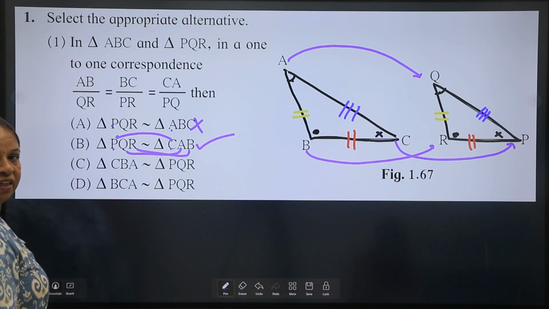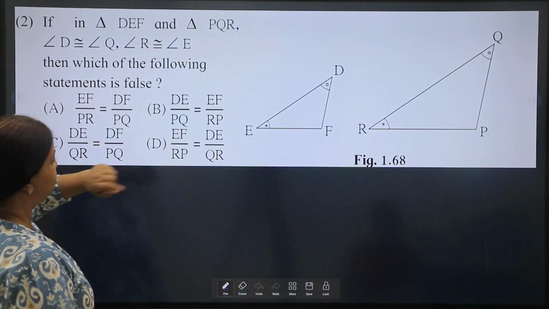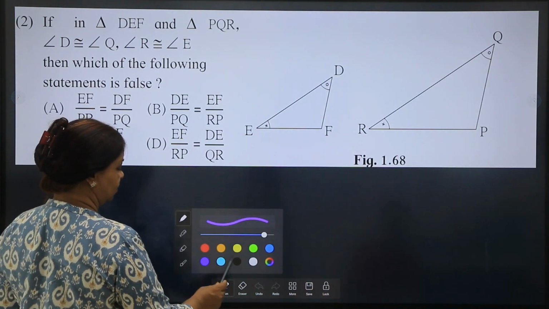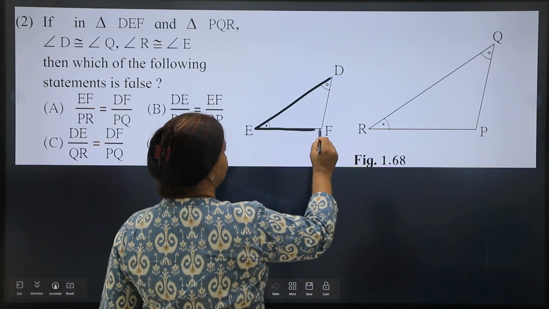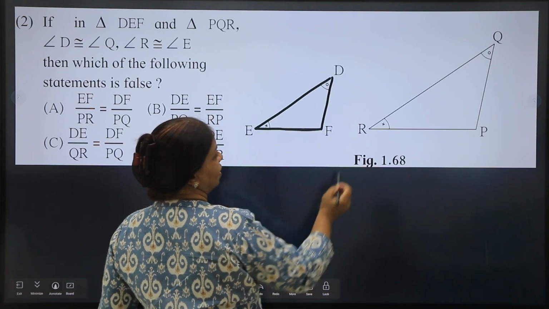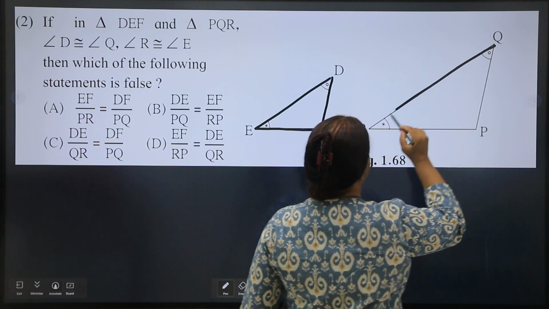Let us move to the next question. The second question, you can see again two figures: triangle DEF and triangle QRP.